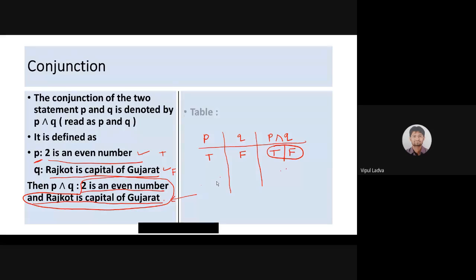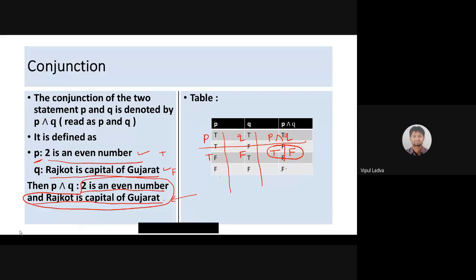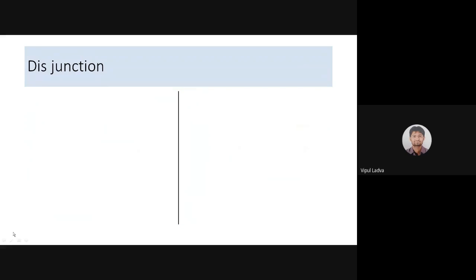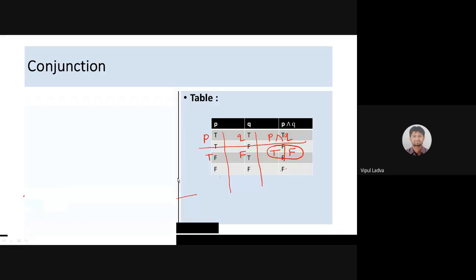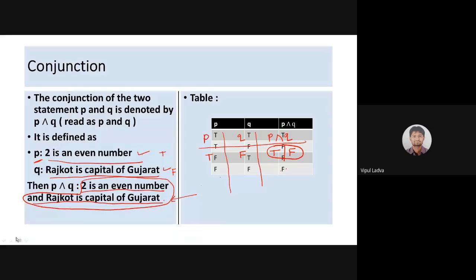So if we focus on the table related to this, let me erase the entire thing from here. Focus on the truth table of the conjunction.